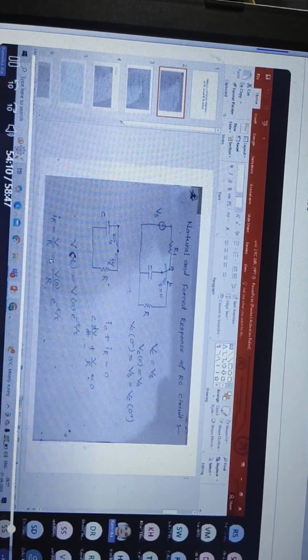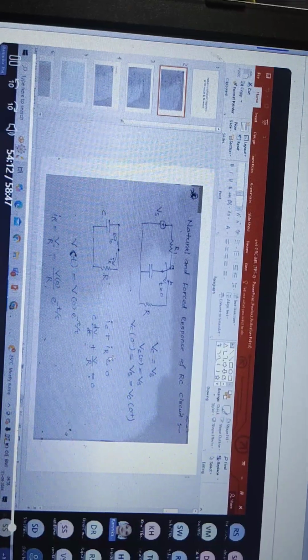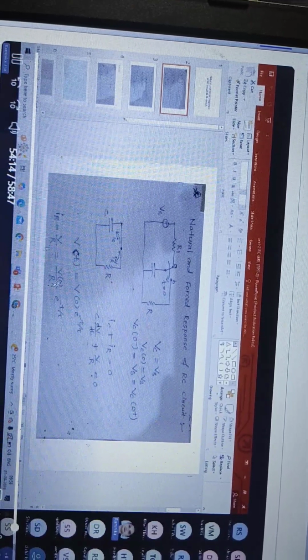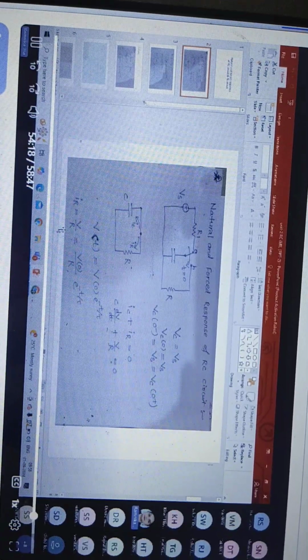So the exponential is e to the minus t divided by tau. Now calculate IR. IR equals V divided by R.